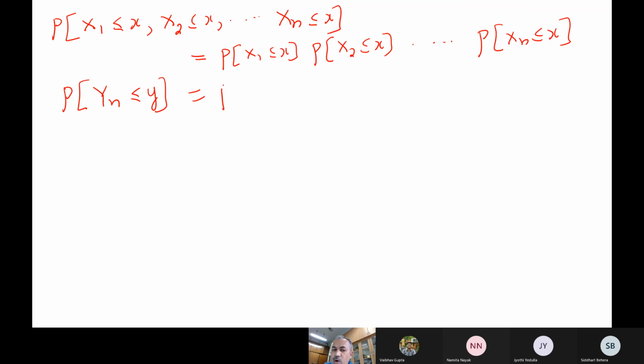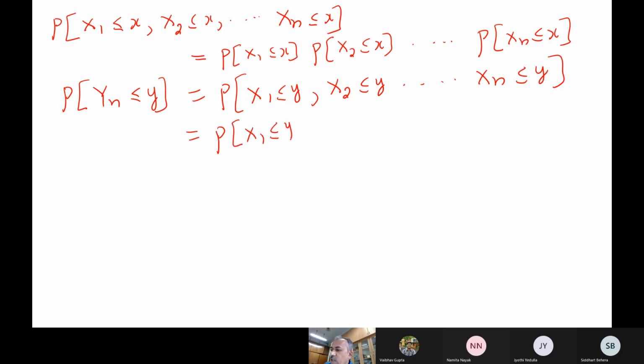So this means x1 less than or equal to y, and x2 less than or equal to y, like this xn less than or equal to y, and assuming they are all independent, I can write this expression as probability x1 less than or equal to y, times probability x2 less than or equal to y, and like this xn less than or equal to y.